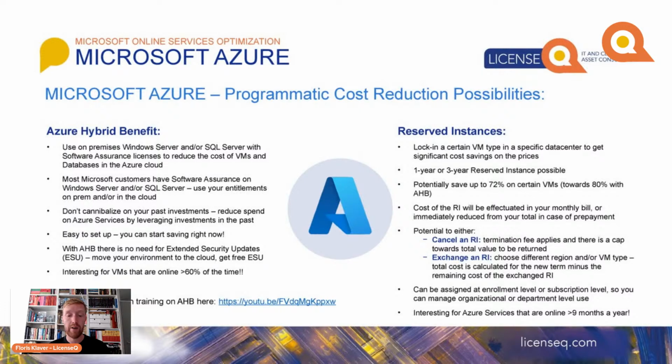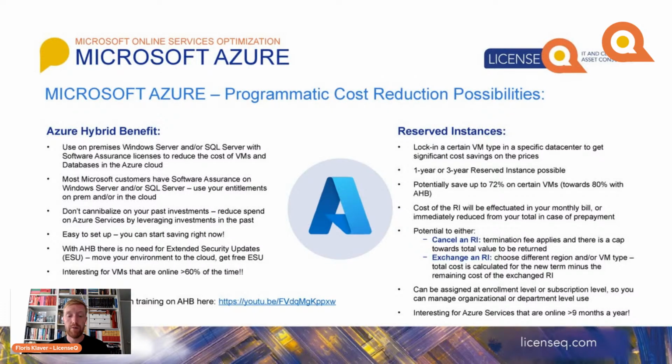You can assign these at enrollment level or at subscription level. So if you don't generally care where this reserved instance lands, you can assign it at enrollment level, and Microsoft will do the trickle down for you to the subscriptions that this might apply to, or you can pinpoint a specific subscription and say, okay, for this subscription, I want all the VMs to be assigned an RI.